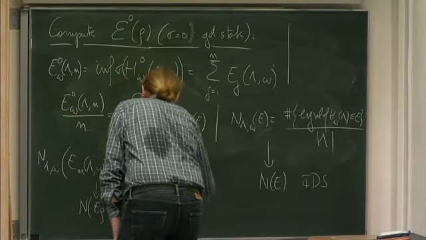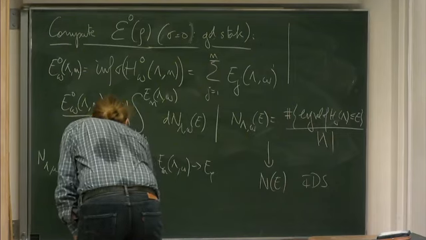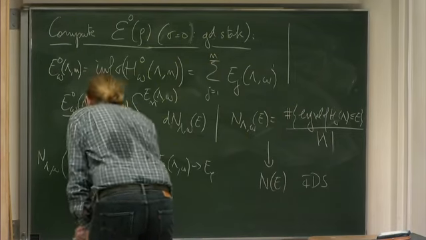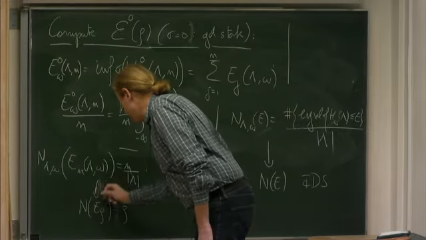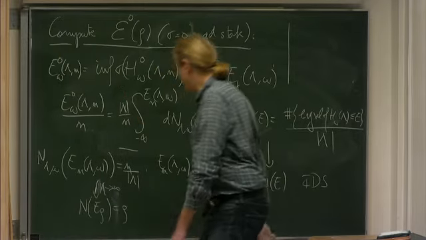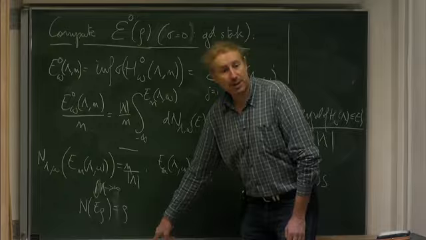If you know that this converges to E_rho, this should be equal to rho. If you go to the limit formally, when lambda goes to infinity, if this has a limit, then the limit must satisfy this equation.